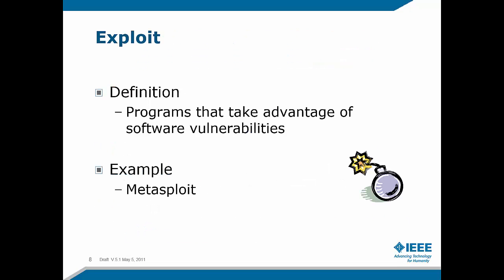An exploit is a program that takes advantage of software vulnerabilities. For example, there is a program called Metasploit that allows people to build their own customized program to attack software programs with vulnerabilities.